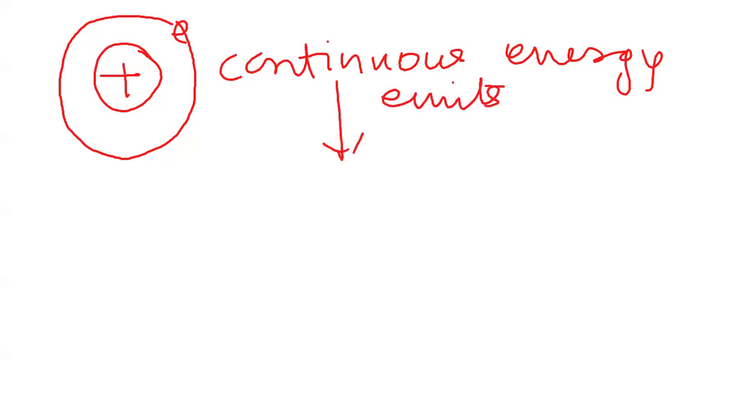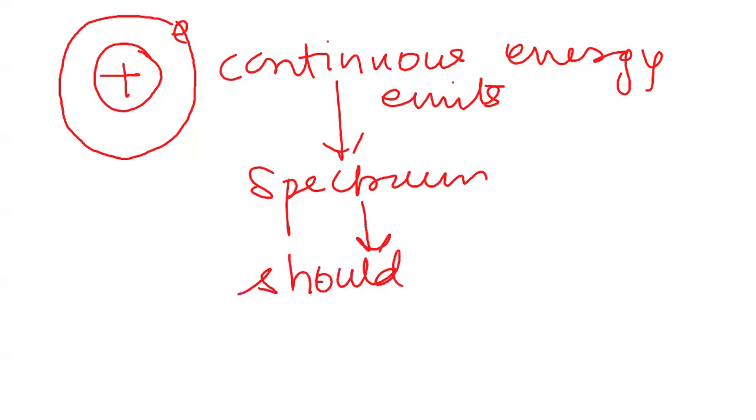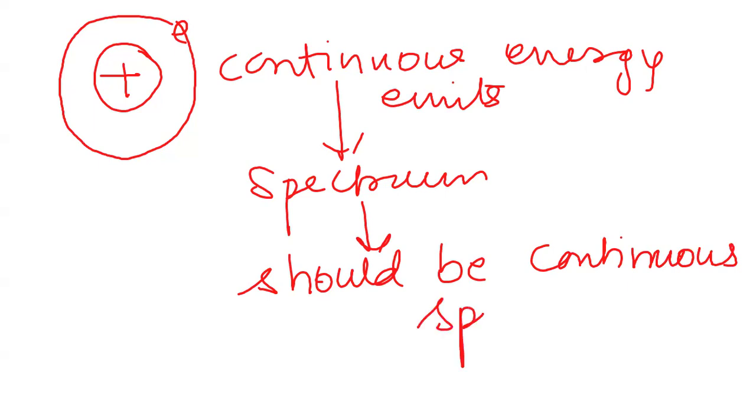Then you will get a spectrum also, right? And this spectrum should be a continuous one. Why? Because if energy is emitted continuously, then a continuous spectrum should be observed. But in reality, it does not occur.